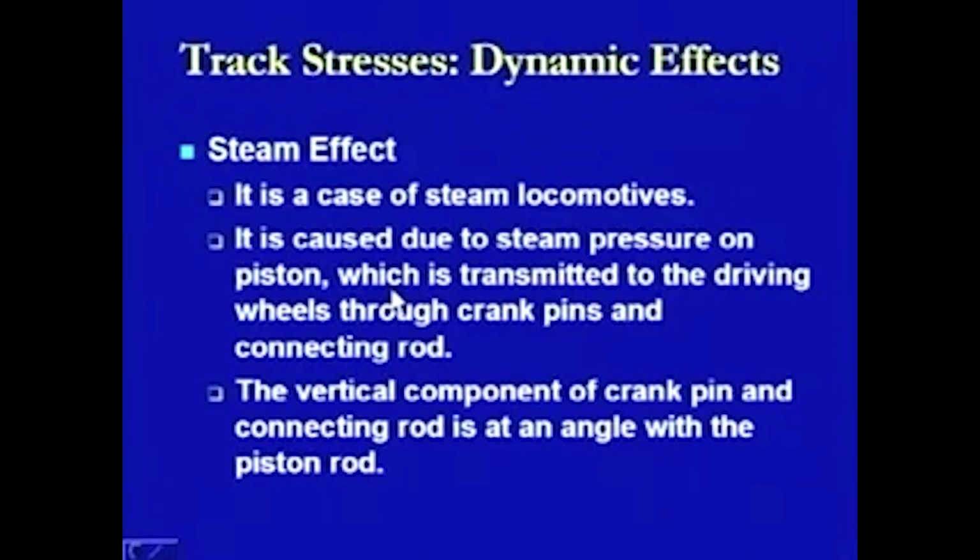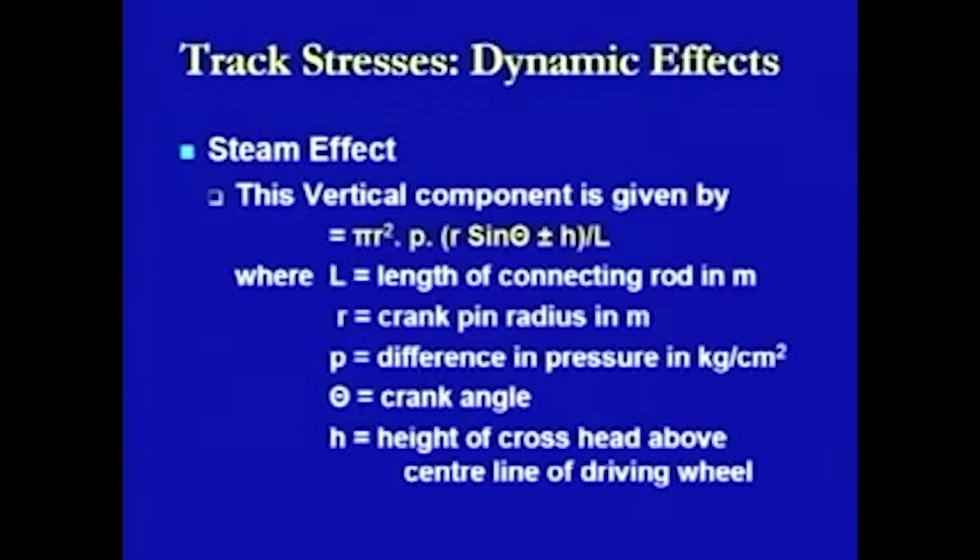Now, another effect in the steam locomotives is the steam effect, which is a condition caused due to the difference in the steam pressure on the piston, which is transmitted to the driving wheels, causing stress on the crank pins and connecting rods. This is computed as pi r square multiplied by p multiplied by r sin theta plus or minus h divided by L, where all the abbreviations have been defined here.